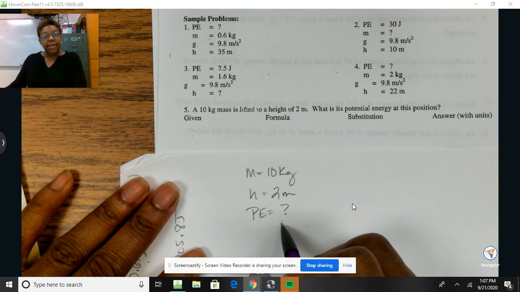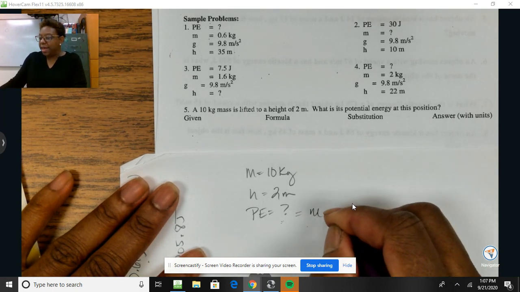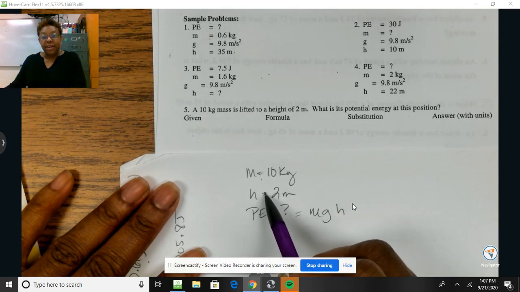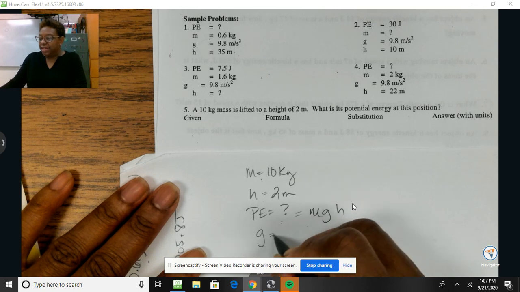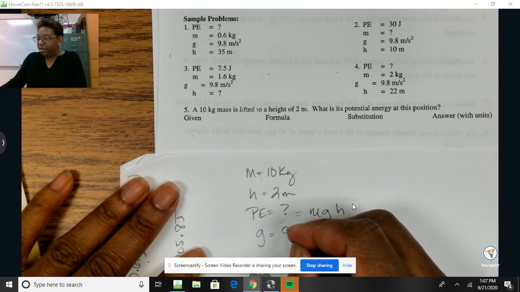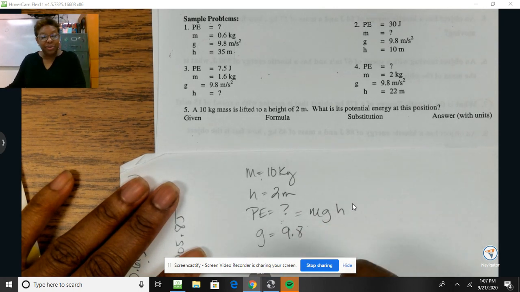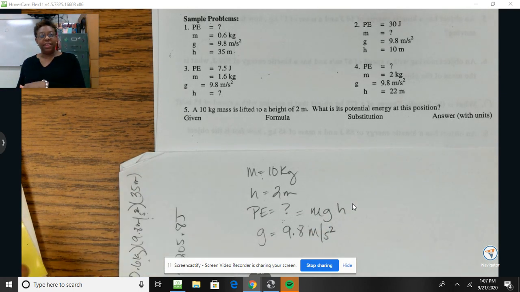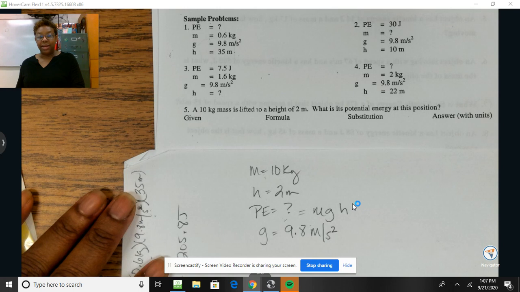Well, I know that the equation for potential energy is mass times gravity times height. Notice they didn't give you G. So G is a constant. Whenever the scenario is on Earth, you're going to use 9.8 meters per second squared because everything accelerates towards the Earth at that rate.